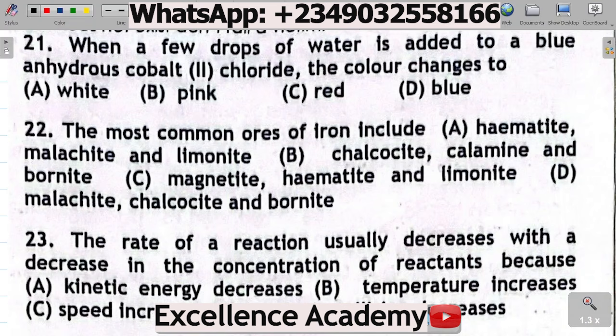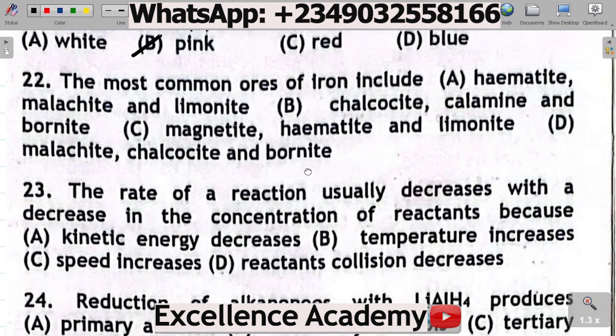Now for this question, the correct answer is B. Pink. Note that when water is added to cobalt 2 chloride, which is blue, the color changes to pink. So B. Pink is the correct answer.